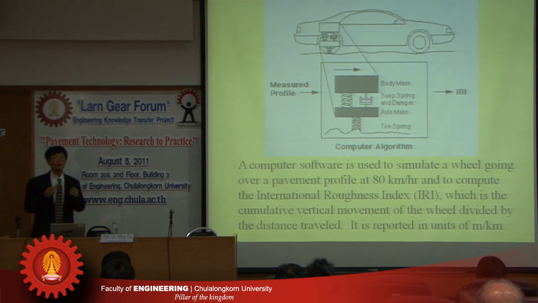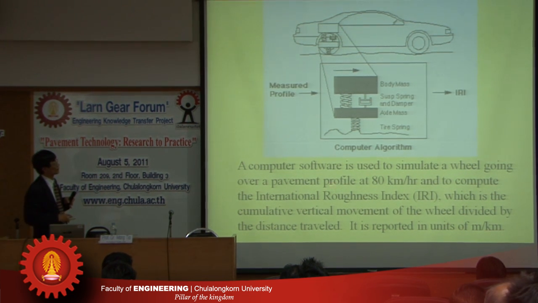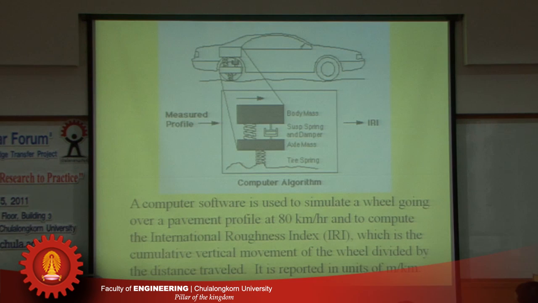So even though the vehicle is not really going over it, the software simulates how a vehicle would experience the bumpiness, and it measures the amount of jerk in terms of distance that it moves up and down. It's in terms of meter per kilometer or inch per mile, and it simulates a vehicle driving over that surface at 80 kilometers per hour.